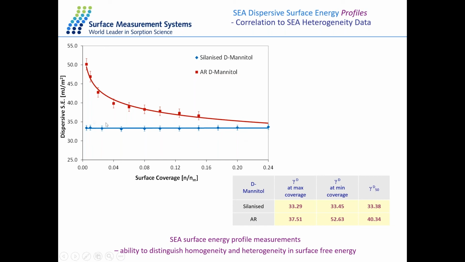Since we can interact with these high energy sites, this corresponds to a much more heterogeneous surface of the sample, whereas a more linear profile would be representative of a more homogeneous surface of the sample.